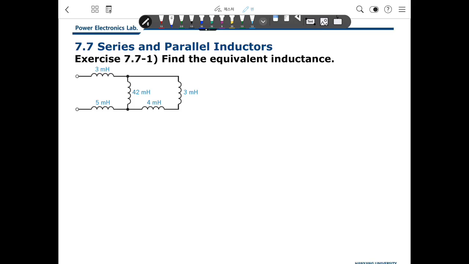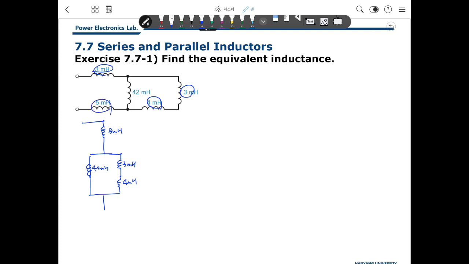In the same way, we can solve the same kind of problem. It's not difficult. You can redraw to get the equivalent inductance. We have first 3 millihenry here. Then we have 42 millihenry here, 3 millihenry, and 4 millihenry.